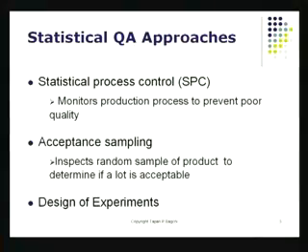This is the second class of applications of statistical methods in monitoring quality, in assuring quality. The third method, which is perhaps the most powerful method, that also is basically utilized by Six Sigma, is design of experiments. And I'm going to be spending some special sessions on that. So you'll get to know what DOE is, what design of experiments is, and how we can utilize that to produce better processes and also better designs.